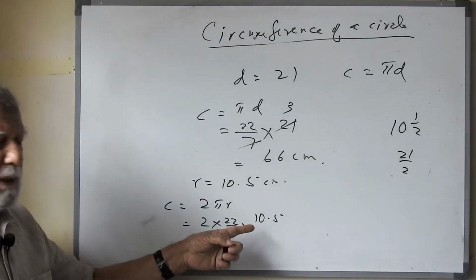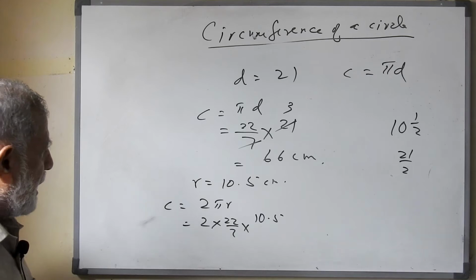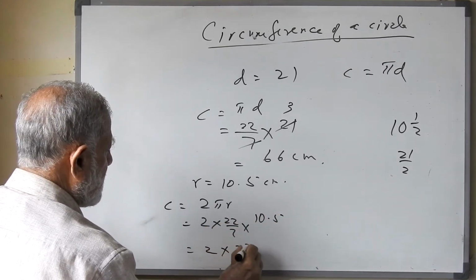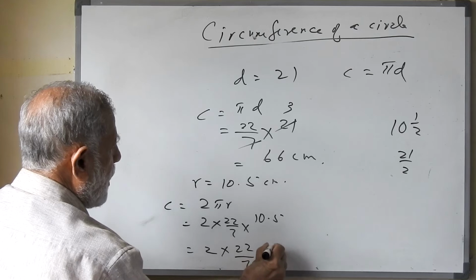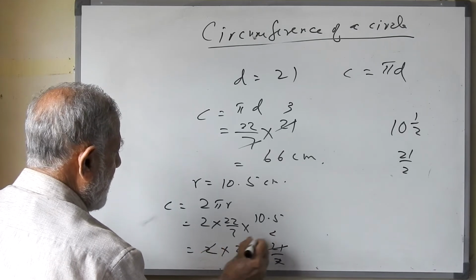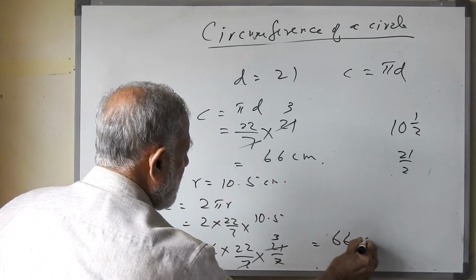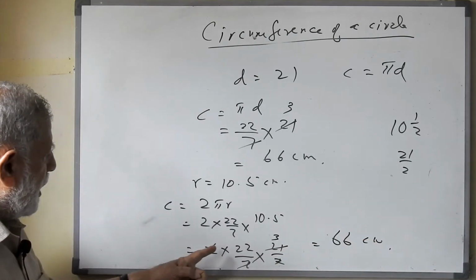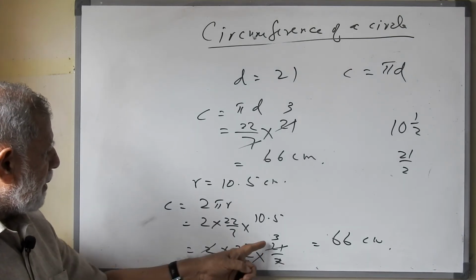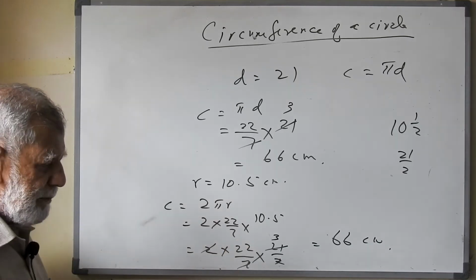If you have a decimal here, some children like to cancel by decimal and they can make a mistake. So we just write it as 2 into 22 over 7 into 21 over 2. Now here 7 and 21 cancel easily, 2 and 2 cancel easily. So the answer is 66 centimeters. That is 22 upon 7, 10 and a half is 21 upon 2. So 7 and 21 cancel 3, 2 and 2 cancel. So 3 into 22, 66.